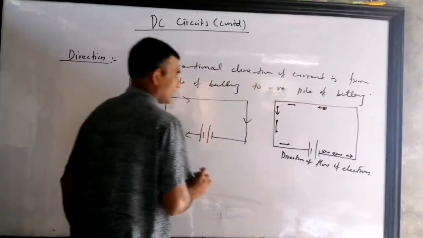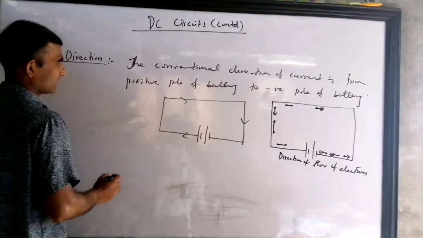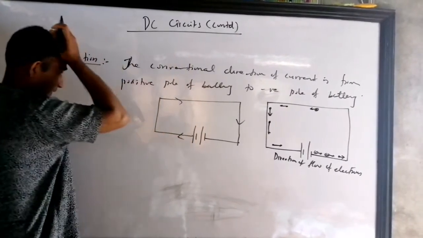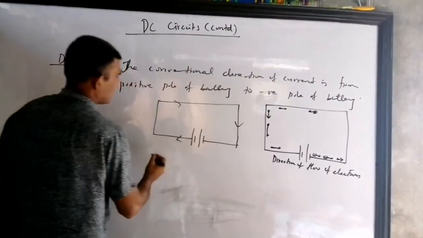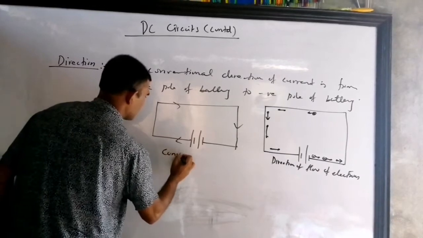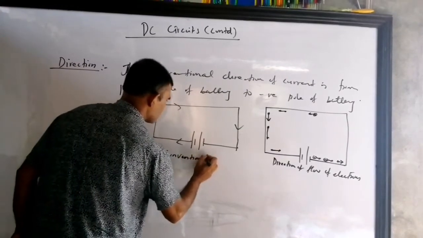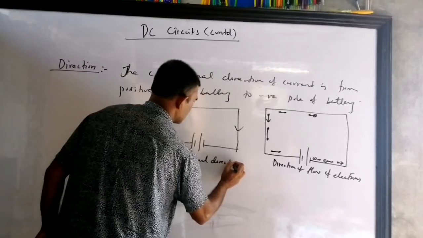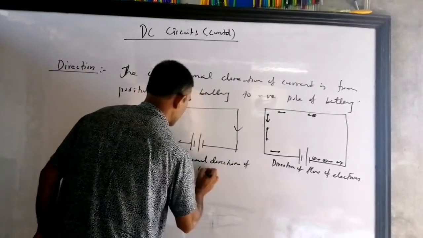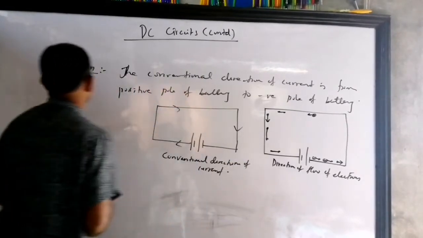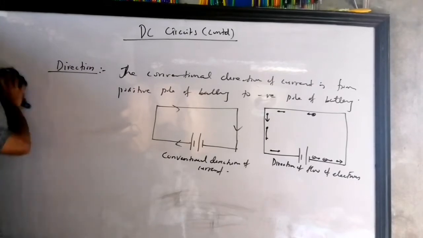My handwriting is worse because I am writing fast, as fast as the speed of sound. And this is the conventional direction of current. You can copy it down. So this was the direction we discussed.